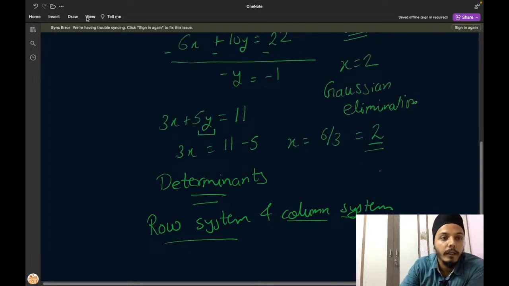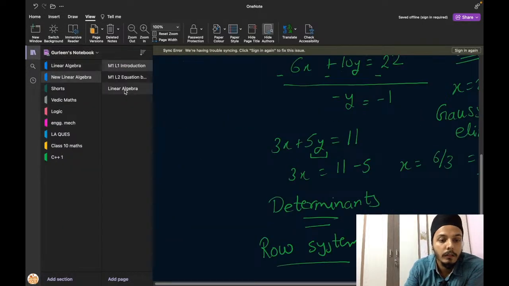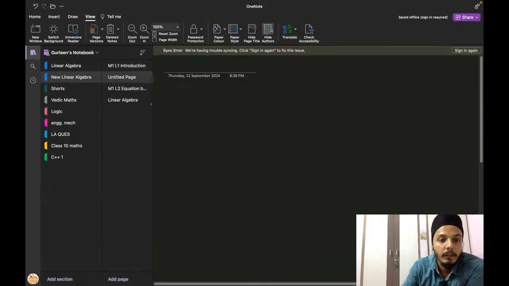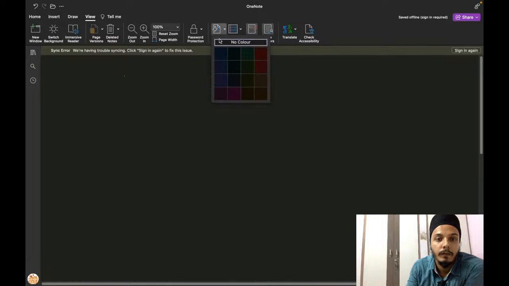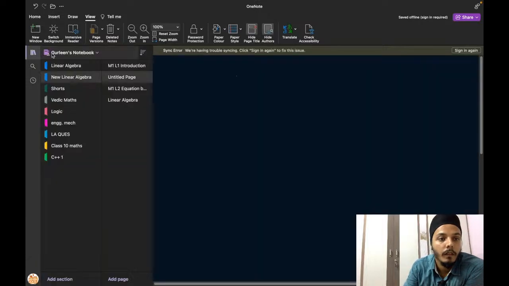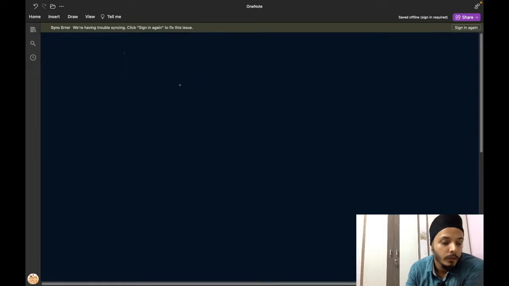Let me add a page here. So as I told you, we will have row system and column system.